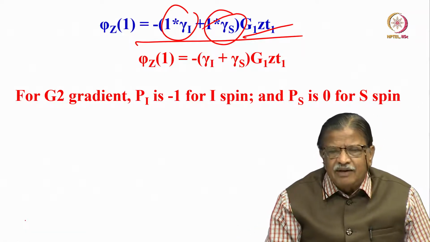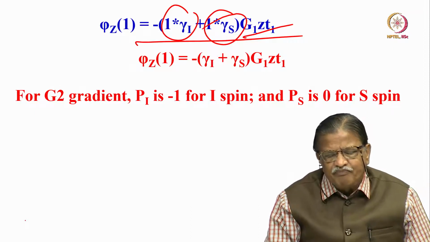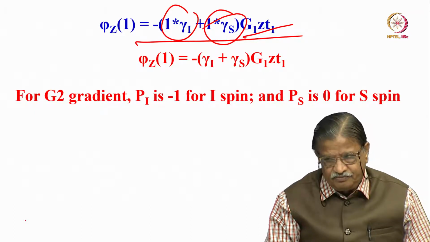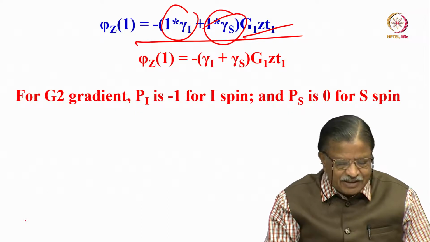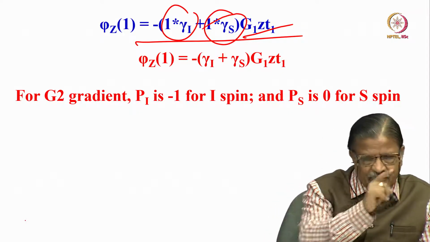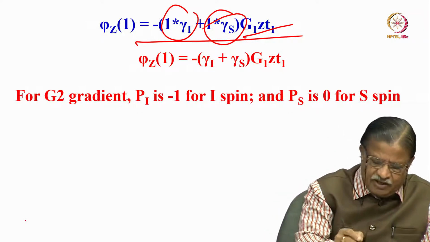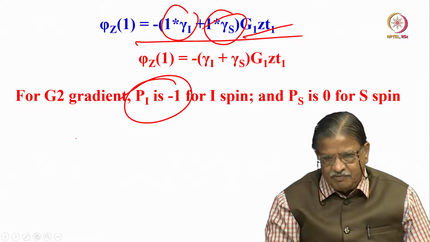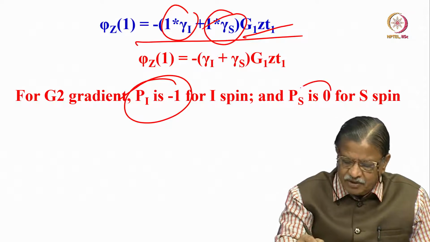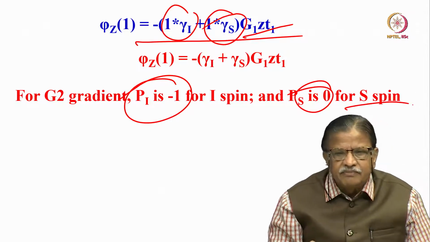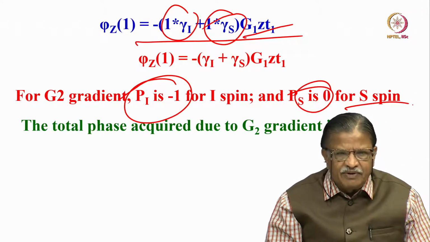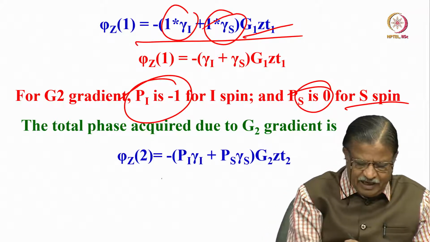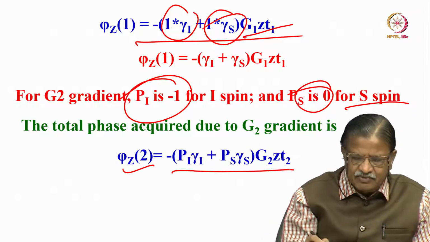Work out similarly the phase for the gradient G2. For the gradient G2, we know we chose the pathway from plus 1 to minus 1. So now for gradient G2, Pi is minus 1 for I spin and Ps is 0 for S spin. Substitute it in this equation now. The total phase acquired again, phi 2, is this one.